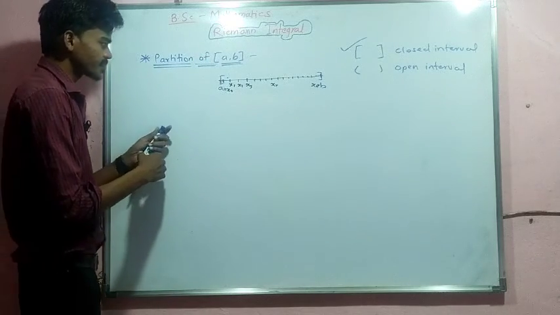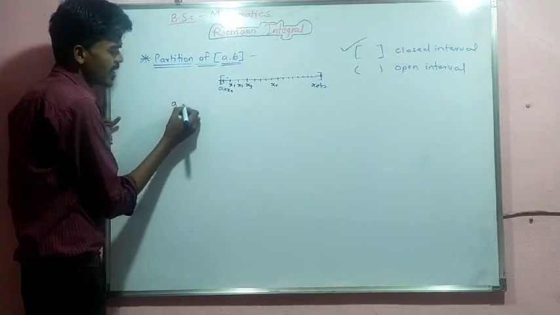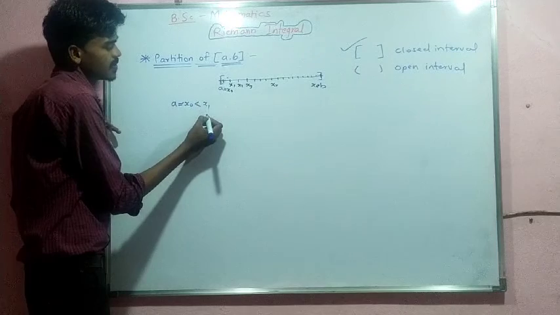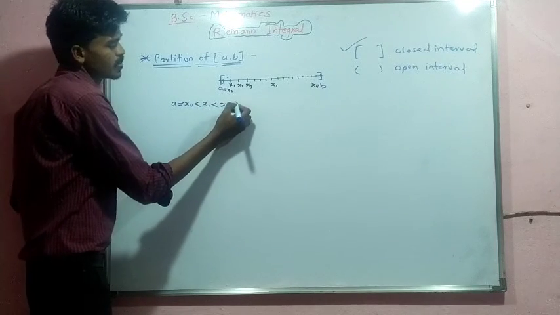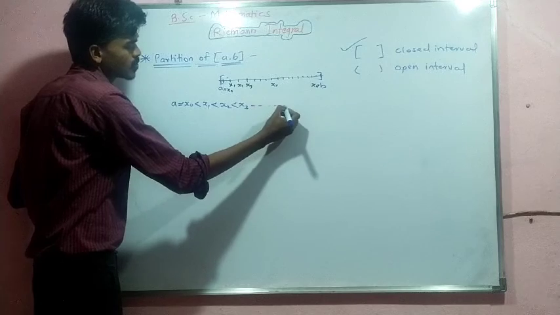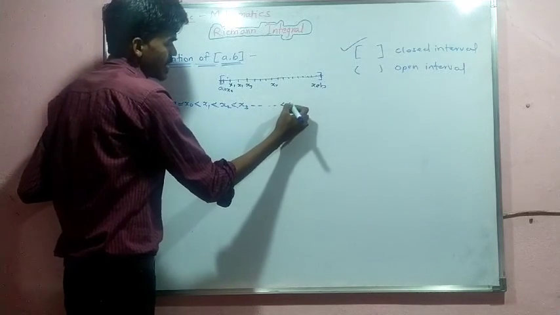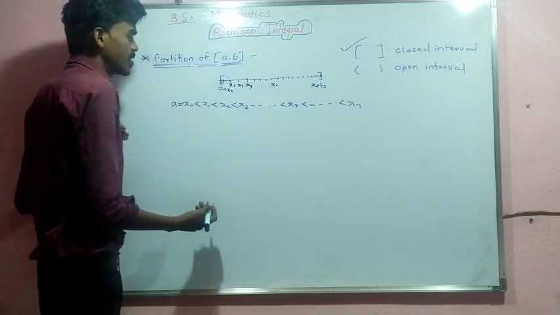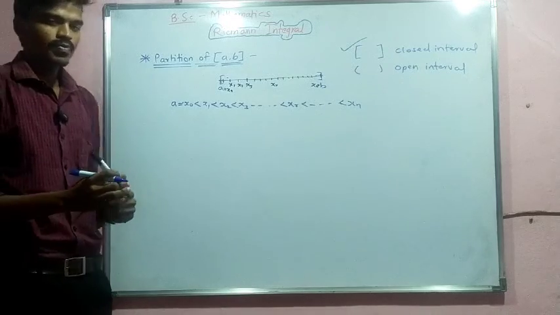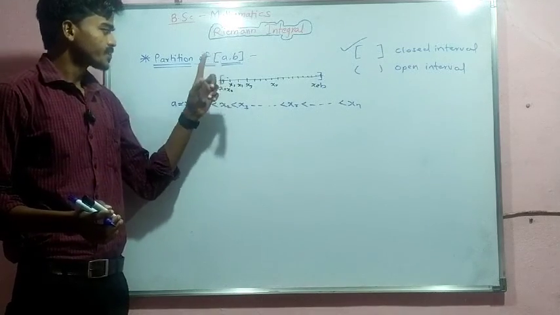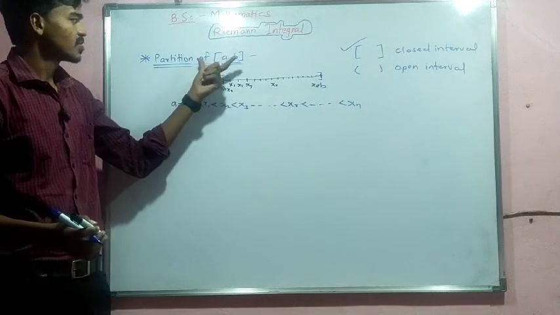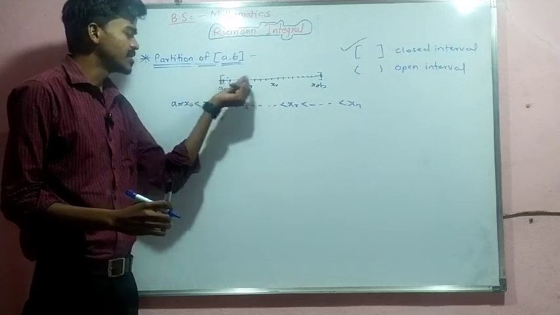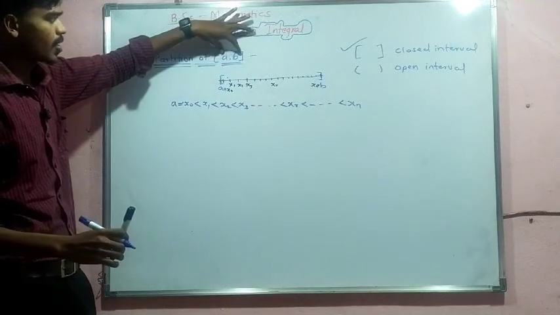So the condition is: A equal to x naught is less than x1, x1 is less than x2, x2 is less than x3, and so on, xr is less than, and so on, xn. What does it mean? It means we have to make small partitions, or subintervals, in this closed interval AB.